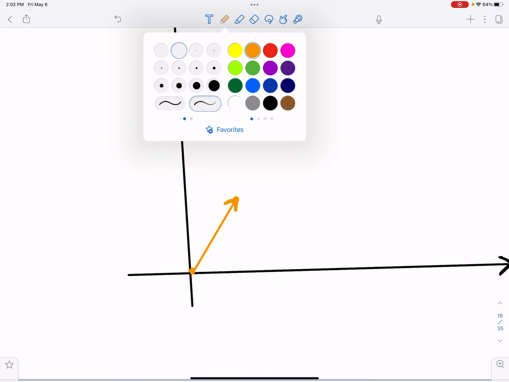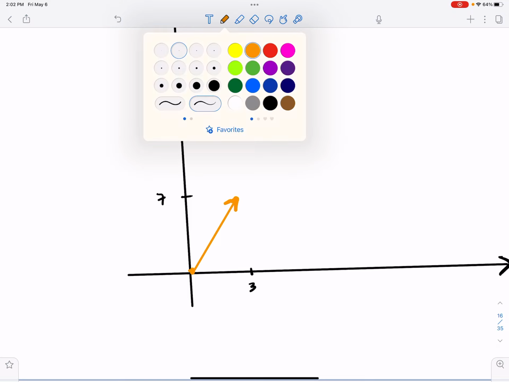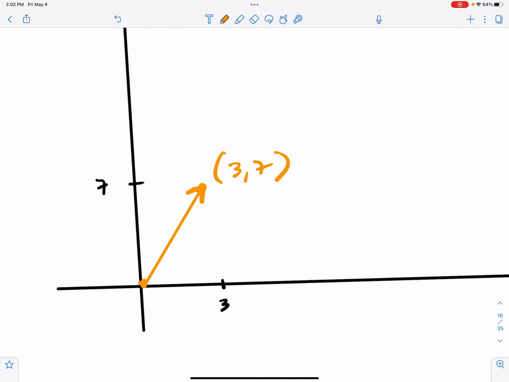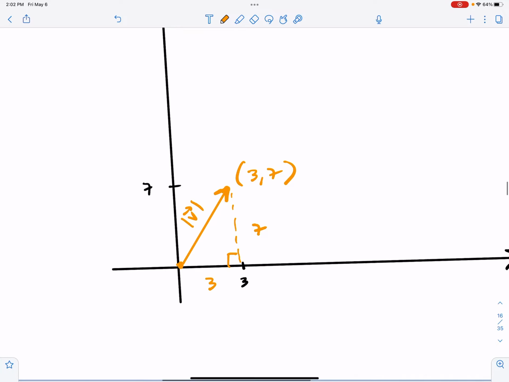My sketch wasn't super accurate. So we had determined that the terminating point would be 3, 7. Well, a vector in standard position, you could think about making a right triangle here, where this side would be a length of 3, this side would be a length of 7, and then the length of the vector, or the magnitude of the vector, would be the hypotenuse of that triangle.